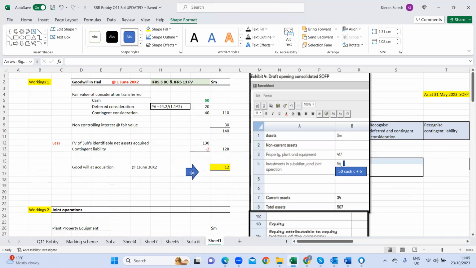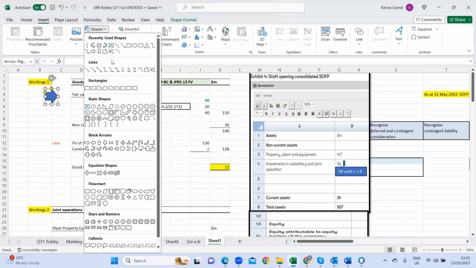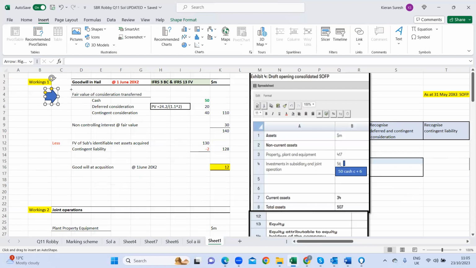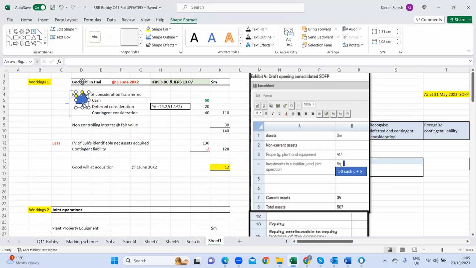Please refer back to the goodwill working; I've got 3 videos on this. So we know these are the entries to start with. Now I'm trying to process the first 3 entries, but the first entry has already gone in. The 50 million has already gone in, which is why I kept a different color. For the deferred consideration, we said it is 24.2 in 2 years' time.